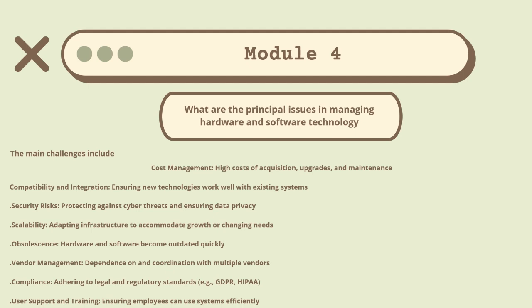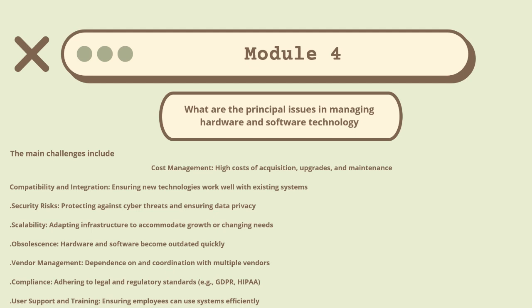Sixth is vendor management. Dependence on and coordination with multiple vendors. Managing contracts, service quality, and communication with different vendors can be complex. Seventh is compliance, adhering to legal and regulatory standards.